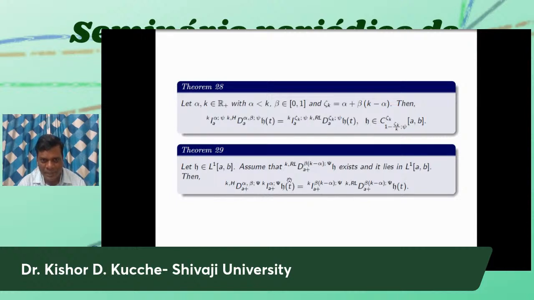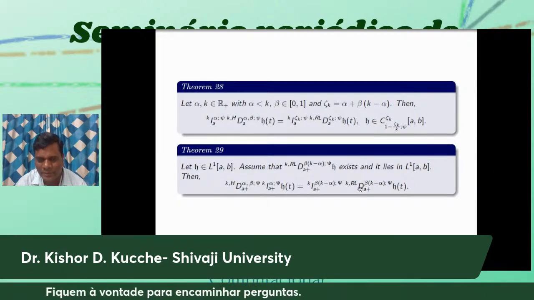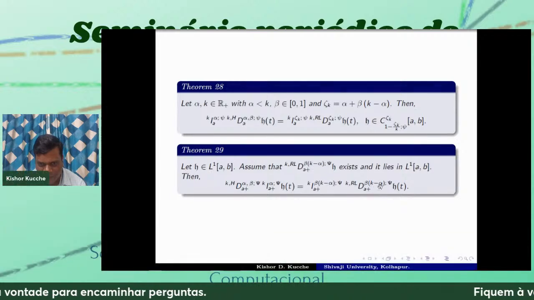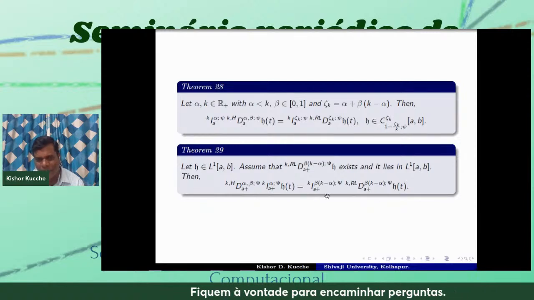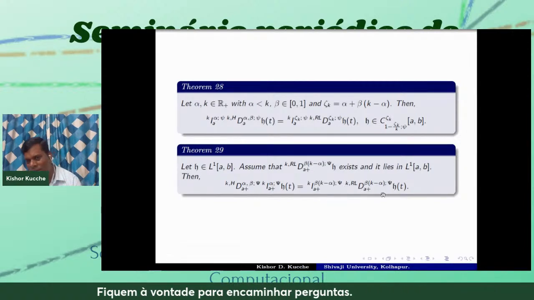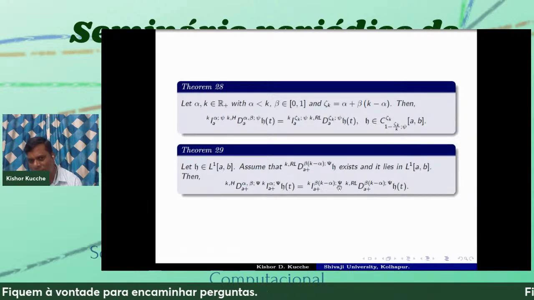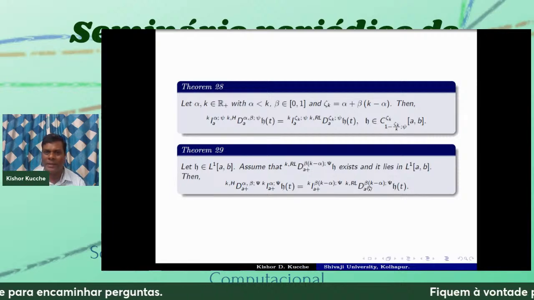So this is the Hilfer derivative of a fractional integral. We can write the k-psi Riemann-Liouville fractional integral of the k Riemann-Liouville derivative, and we can see here the order is the same again. Okay, so this relation, the Hilfer derivative of integration, we have written in the form of the k-psi Riemann-Liouville integral of this k-psi Riemann-Liouville derivative.